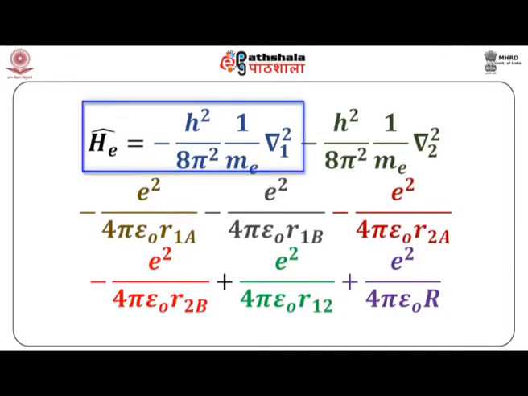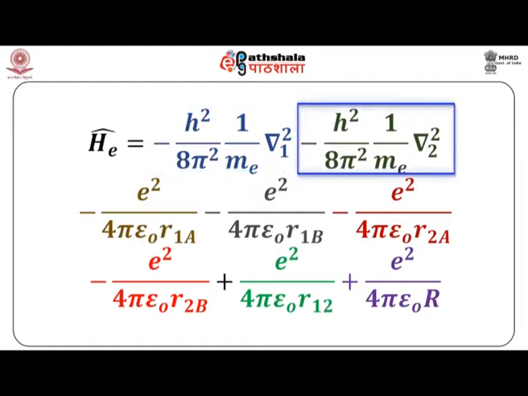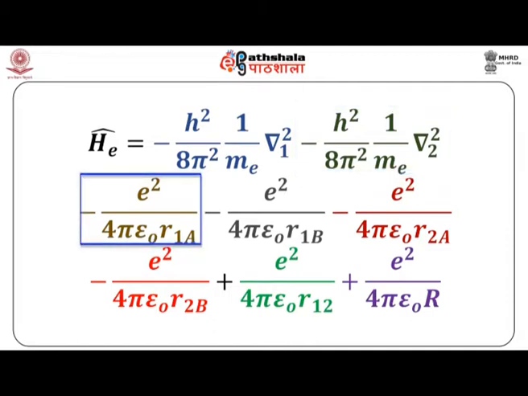It is the electronic Hamiltonian, H_e cap, equal to minus h square upon 8 pi square m_e del 1 square, which is the kinetic energy of electron 1, minus h square upon 8 pi square m_e del 2 square, which is the kinetic energy of electron 2, minus e square upon 4 pi epsilon 0 r_1A. This is negative, so it is the electrostatic attraction between electron 1 and nucleus A.